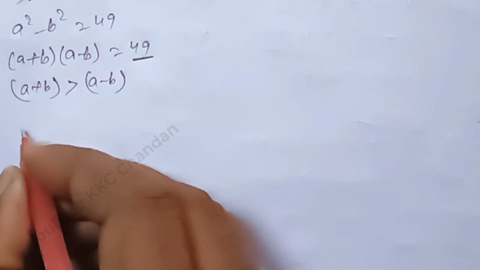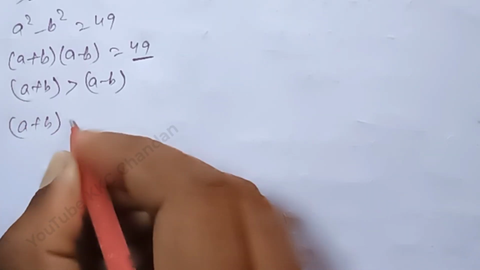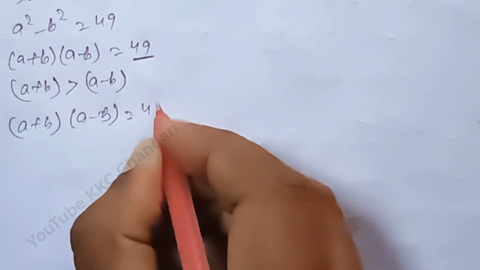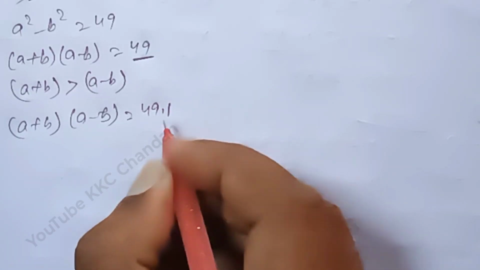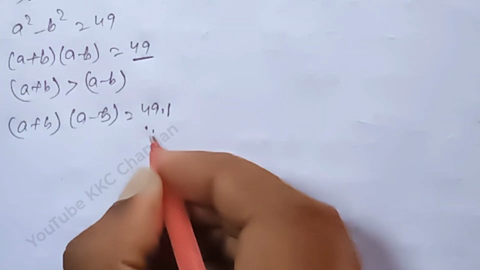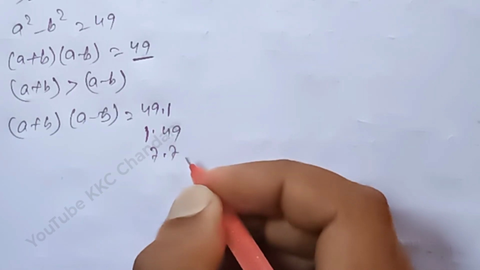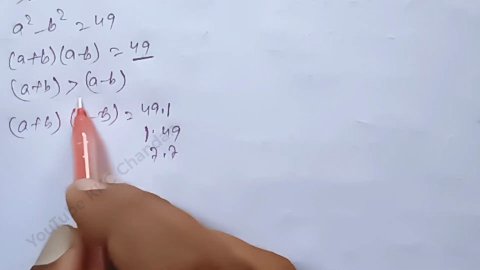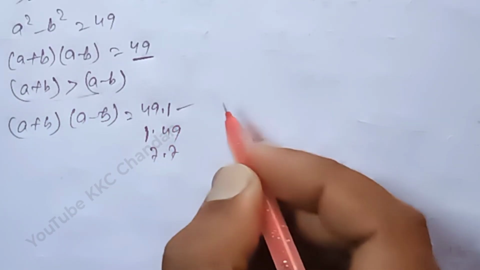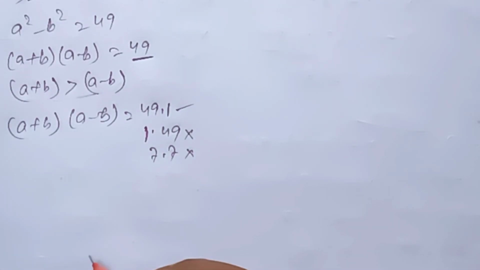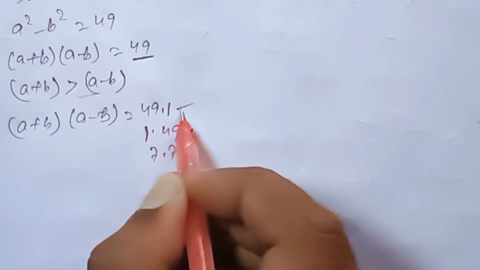The factors are 49 into 1, and 7 into 7. According to this condition, this one will follow, the others do not. So only one case will arise.